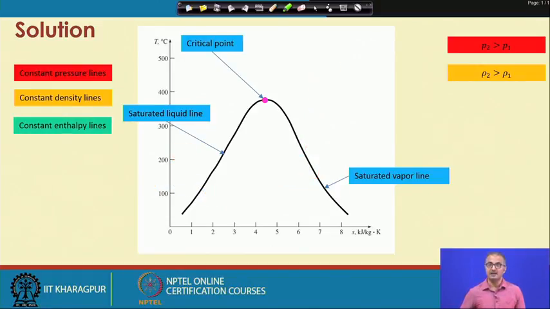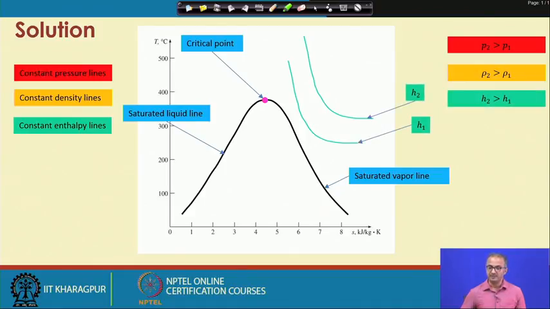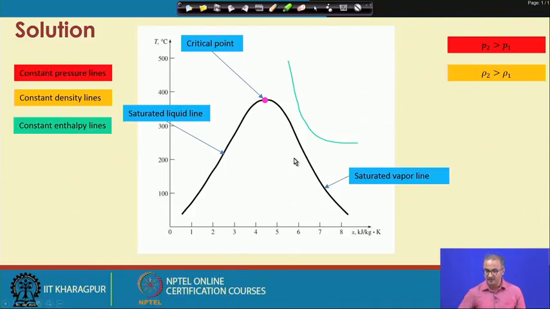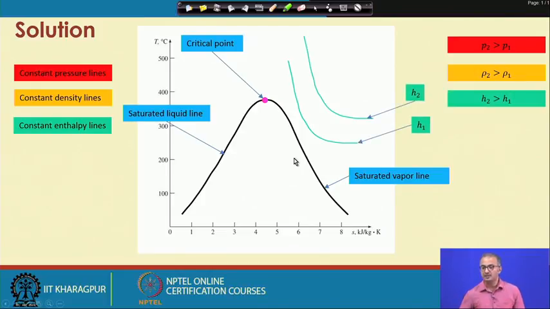Next we shall have the constant enthalpy lines, or the isenthalpic lines. We will find such lines on the system, and each of these lines has a different enthalpy: this is enthalpy 1 and this is enthalpy 2, and enthalpy 2 is more than enthalpy 1.